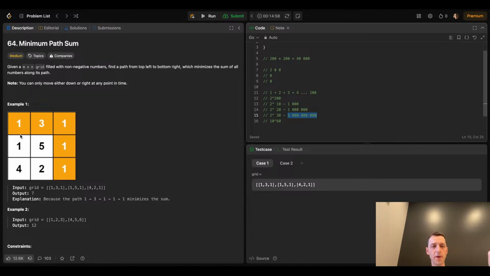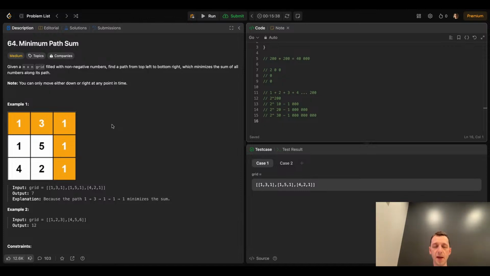It's a depth first search on a tree that has a height of 200. So that's a big number. That's why we need dynamic programming here.